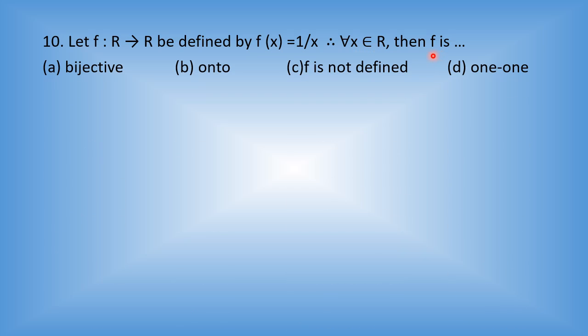So these are the options here. f may be a bijective onto function, or f is not defined, and so on. So f(x) = 1/x for all x belonging to R. But we know that when x equals 0, the function is not defined. They didn't give the condition that x is not equal to 0. Here it is given that for all x belonging to R, f(x) is defined as 1/x.